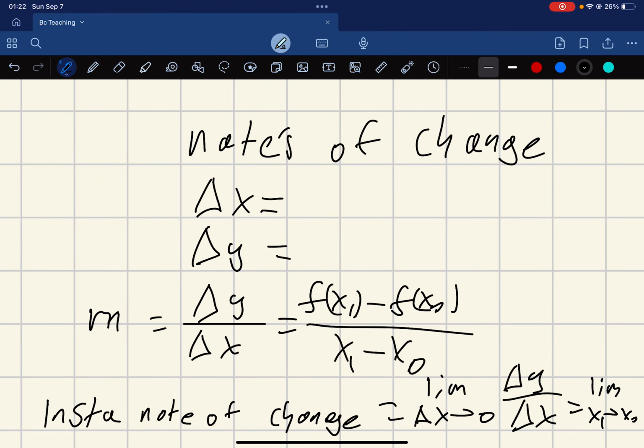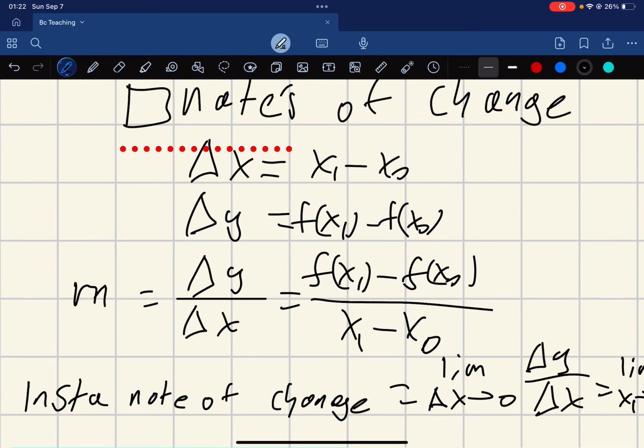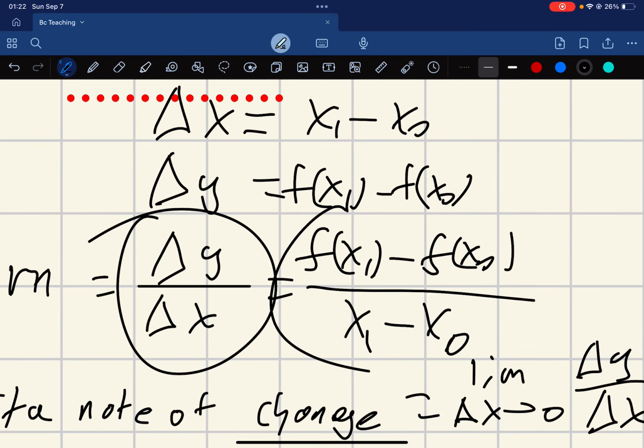Next thing we have to talk about is rates of change, which first we get delta x equals x1 minus x0, and delta y is f of x1 minus f of x0. And this also means our slope is going to be delta y over delta x, which is this.